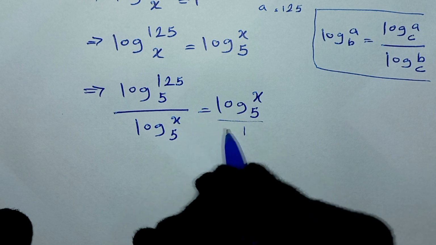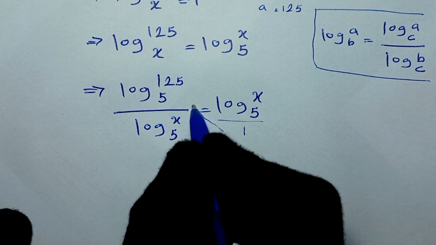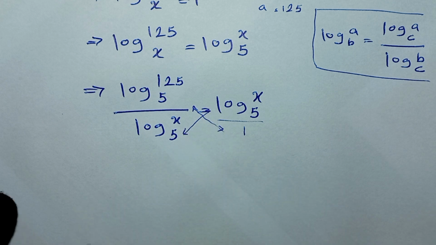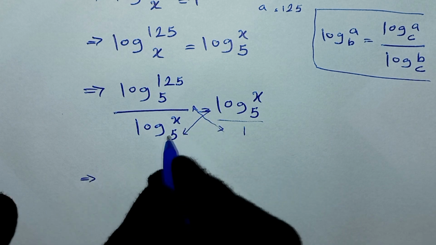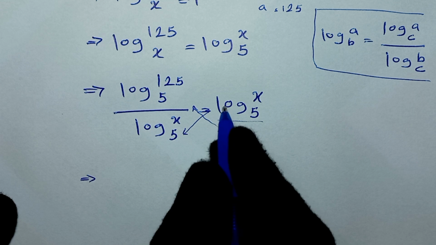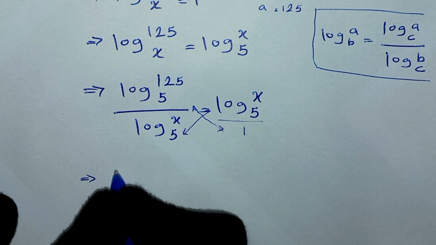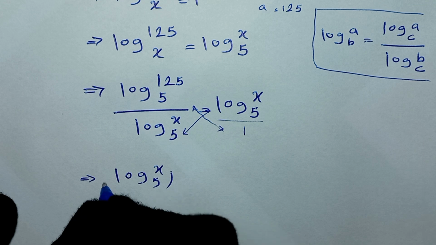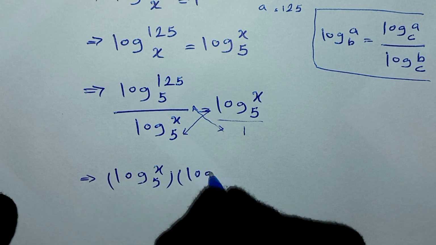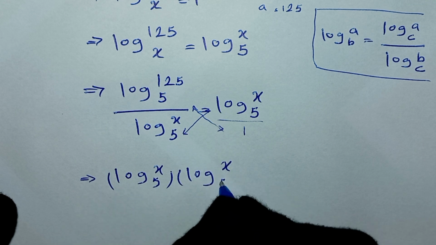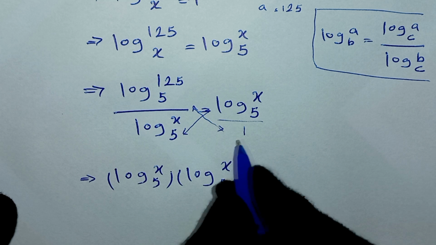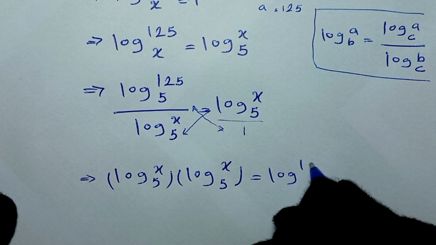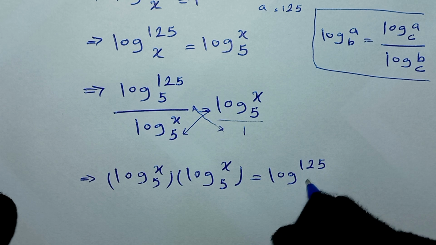And in here, we apply cross multiplication, this times this and this times this. So it will be log of x to base 5 times log of x to base 5 is equal to 1 times log of 125 to base 5.